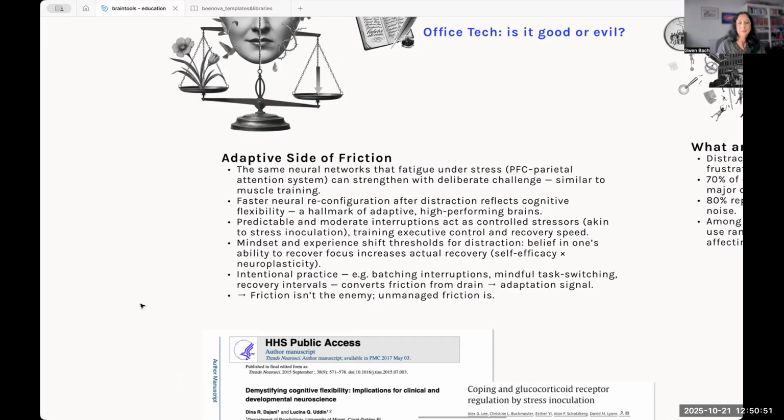And there's something I came across here, which is the whole stress inoculation theory, and I know Sapolsky talks about it in his book Why Zebras Don't Get Ulcers, and I really like the idea. These are the predictable and moderate interruptions that we could call controlled stressors.